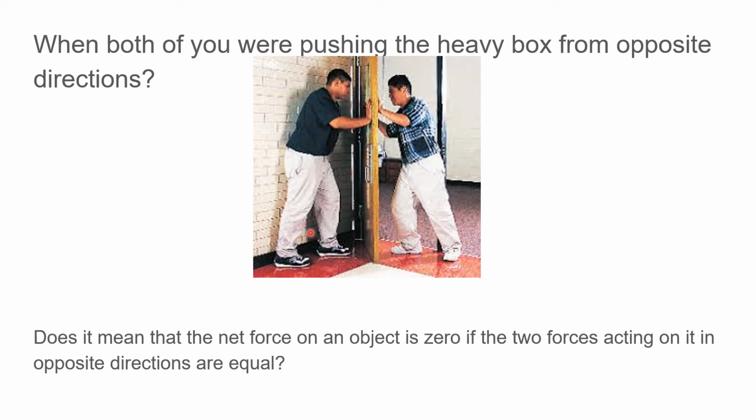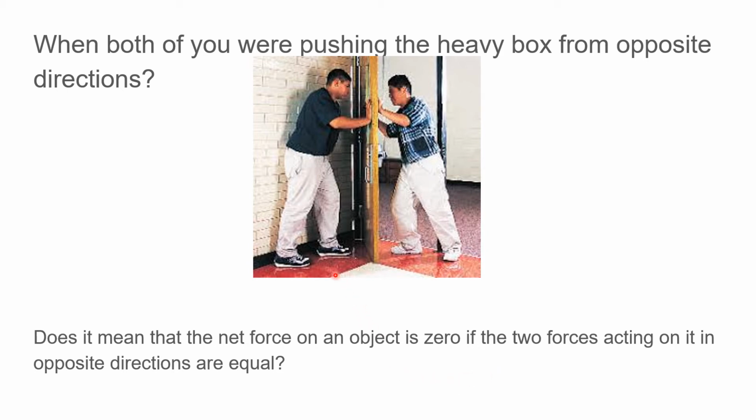For example, if this boy is also applying the force of 5 Newton and this boy is also going to apply the force of 5 Newton, the door will not move at all, because as I told you, in order to calculate the net force, we have to find the difference between force 1 and force 2. So 5 Newton minus 5 Newton is going to be 0.